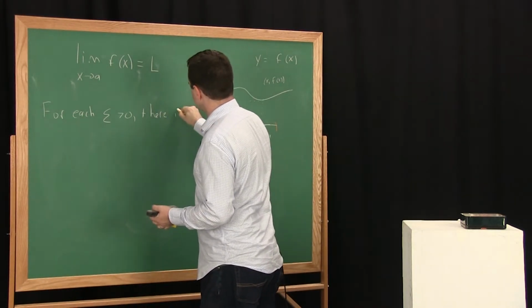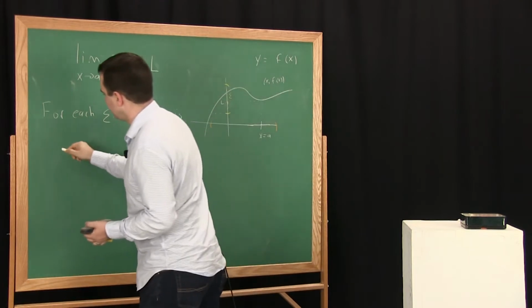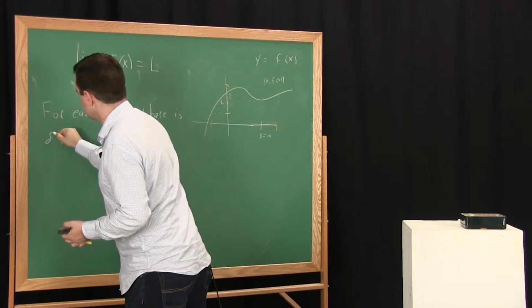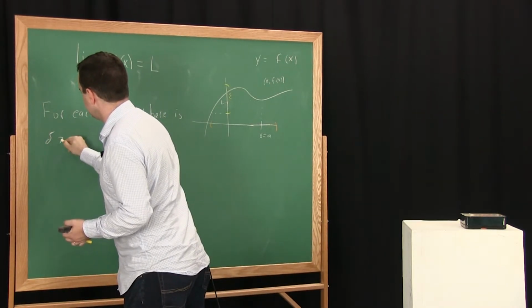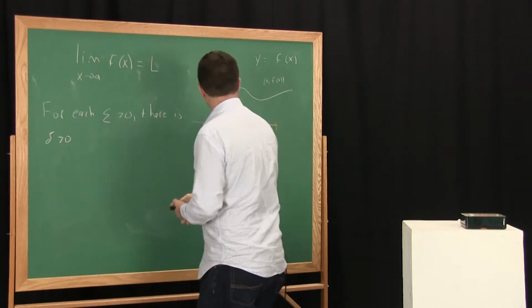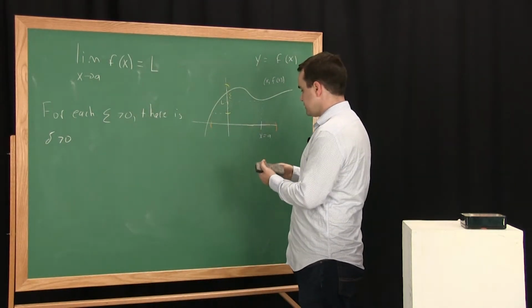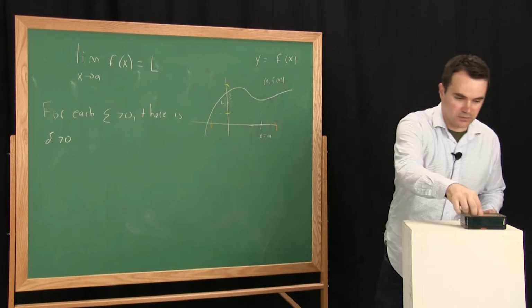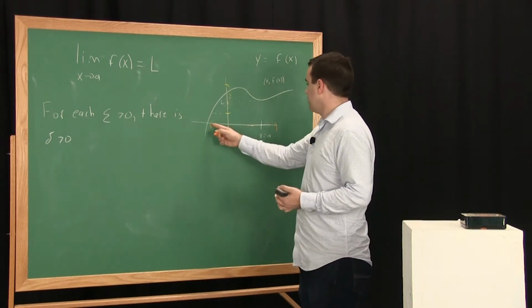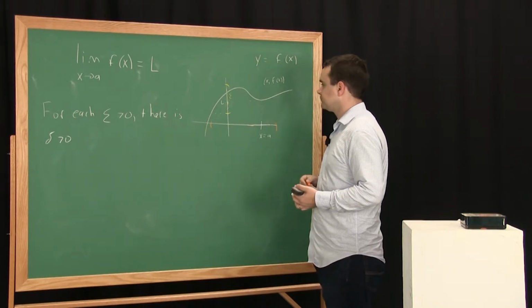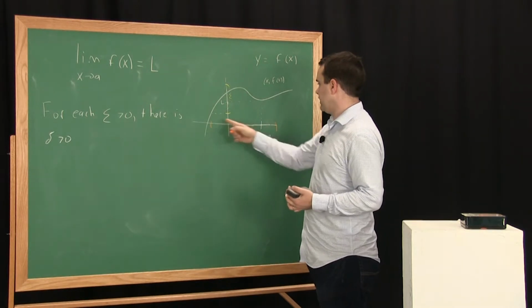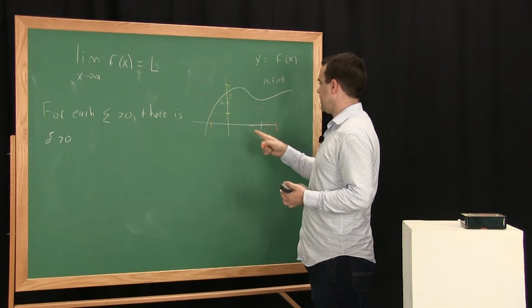We say there is another width, and we use the Greek alphabet again. We call it delta. It's a delta bigger than 0. And delta is nothing but the radius or the width of this interval. And actually, this interval doesn't have a as its center.